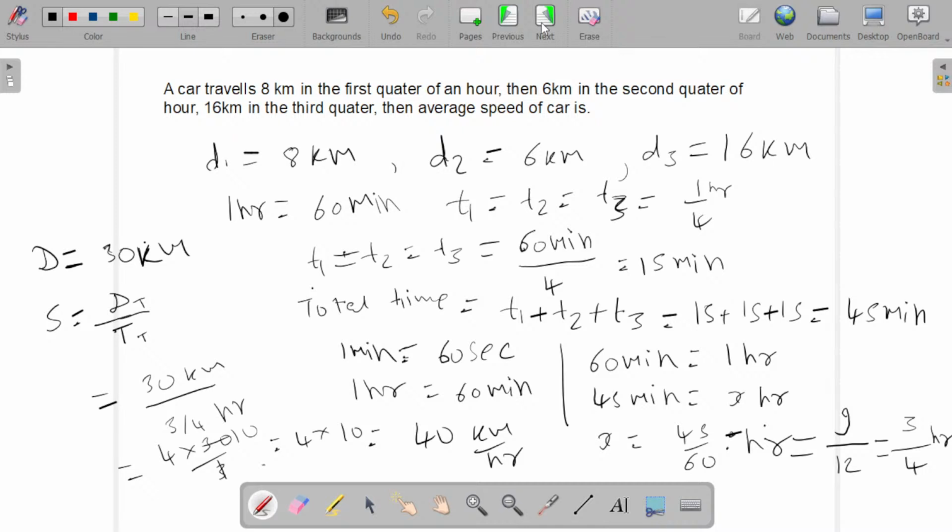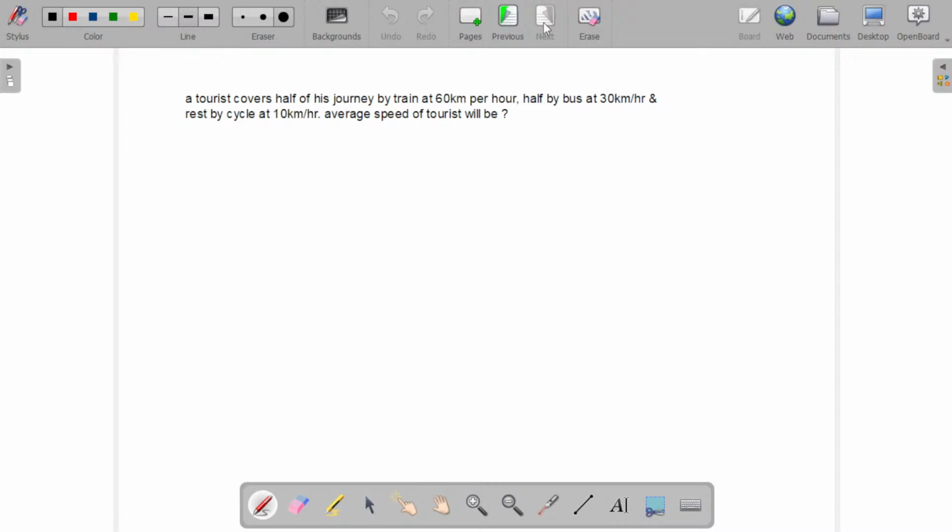Okay, so let's move towards our next question. It is another tricky question. The question is: a tourist covers half of his journey by train.